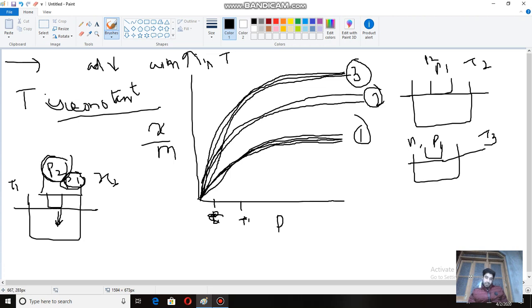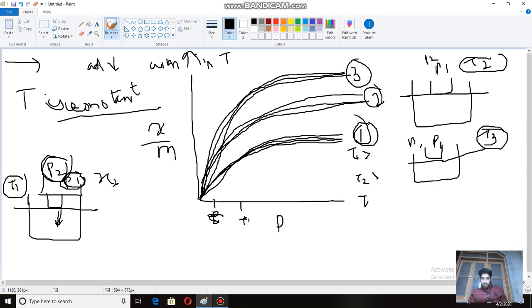Now pause the video and think over it. Will T1 be greater, T2 be greater, or T3 be greater? Obviously T1 will be greater than T2, and T2 will be greater than T3, because the x by m for T1 is less than this, this is the x by m for T2, this is for T1, and this is for T3.